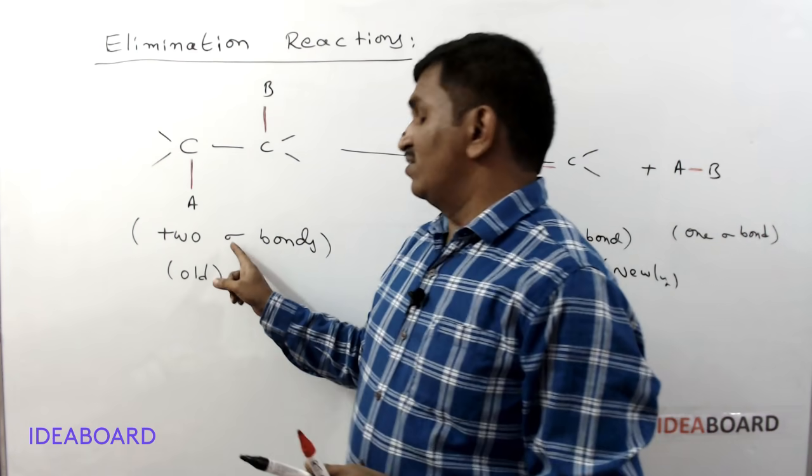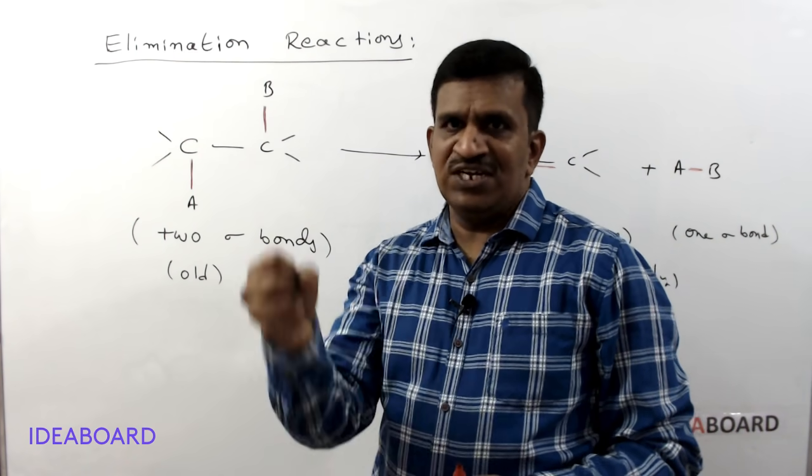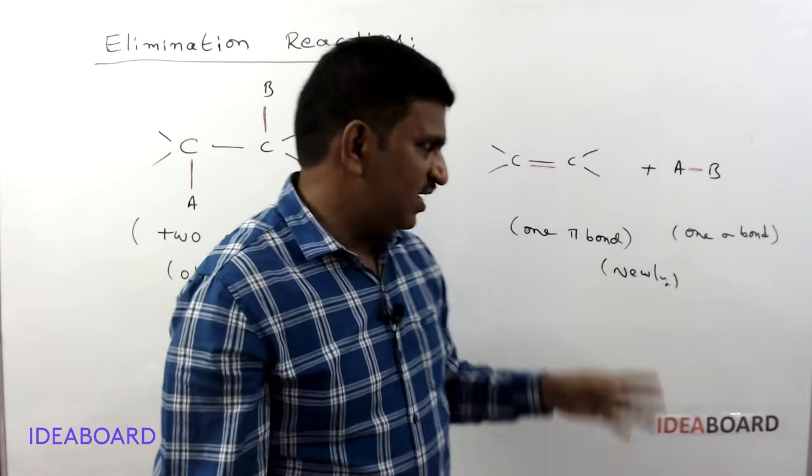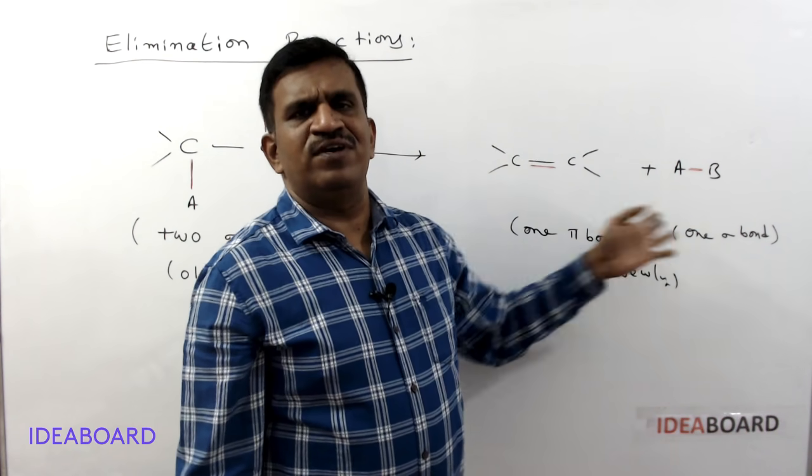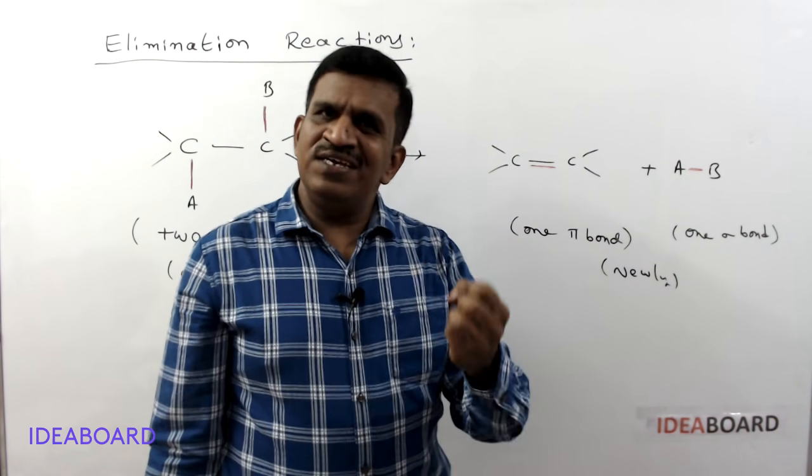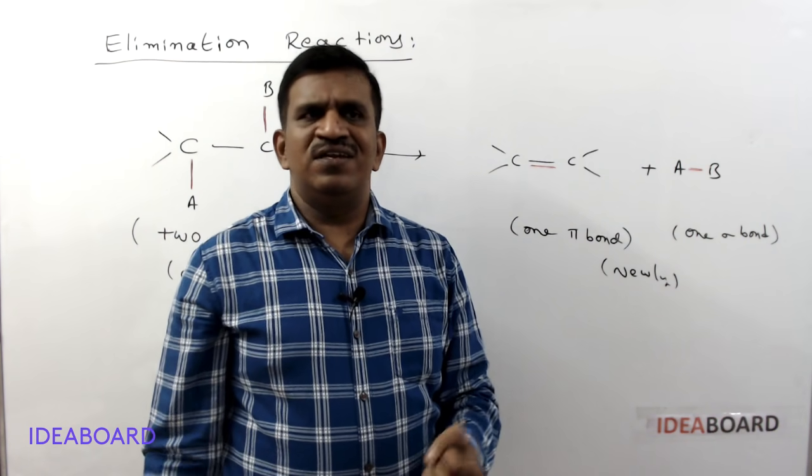So we have 2 strong bonds initially before the reaction, but after the reaction only 1 sigma and 1 pi bond, which means we are getting a weaker bond.